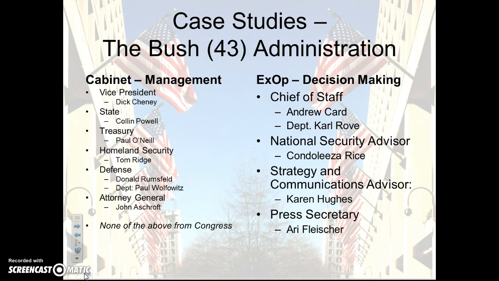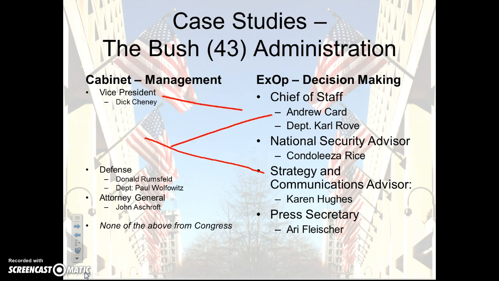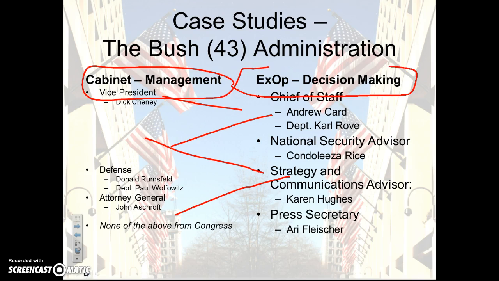The key figures here that you need to know about really are these ones. Dick Cheney, Rumsfeld, Wolfowitz, Ashcroft, Card, Rove, Rice, Hughes, and Fleischer. What we had here was a network of influence. And between these two organizations, between Cabinet and between ExOp, the Bush administration was largely steered from the back seat. This is the exception that proves the rule.